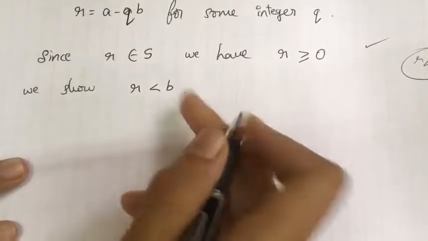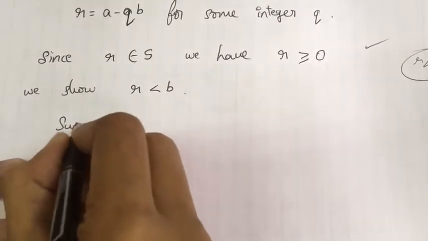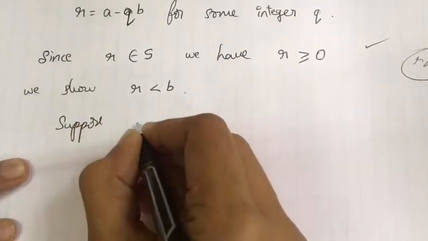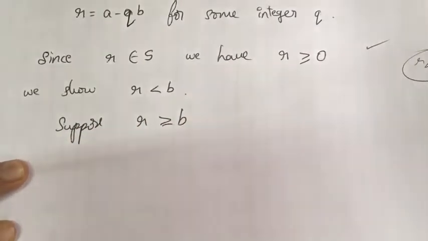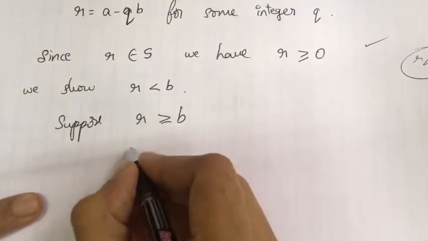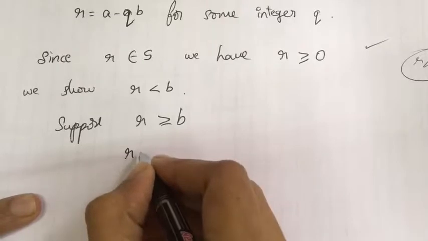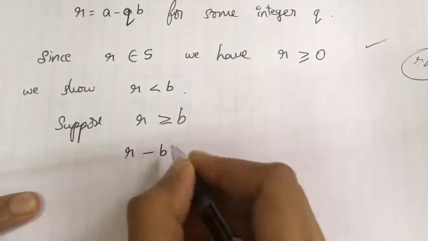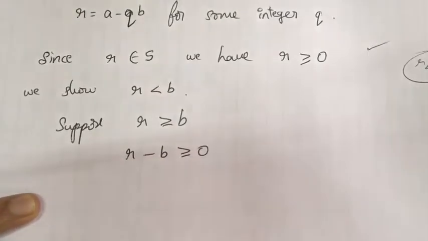Suppose R is greater than or equal to B. When R is greater than or equal to B, this is the same as writing R minus B greater than or equal to 0, right?